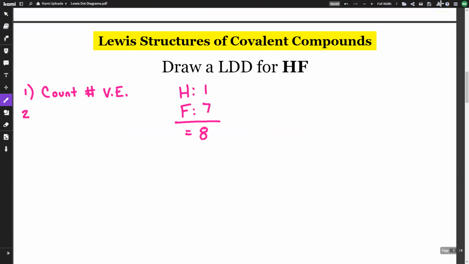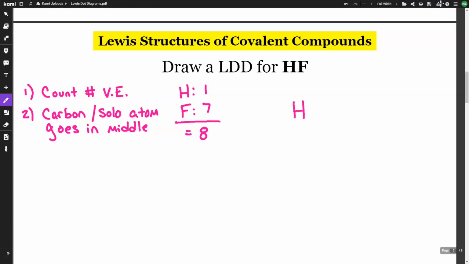Great. Next step. Carbon or solo atom goes in the middle. We don't have carbon in this example. We just have hydrogen and fluorine. There isn't going to be a middle atom because we only have 2. And in order to have a middle atom, you have to have at least 3. So we're going to skip that step. I'm just going to draw them right next to each other like that.